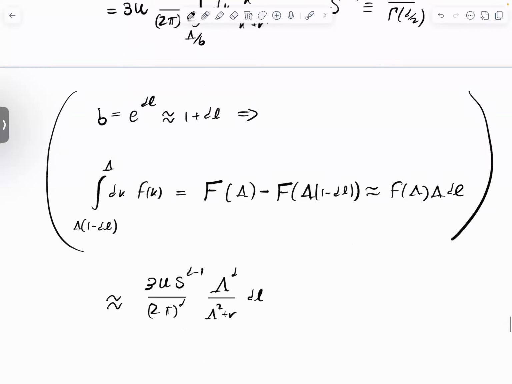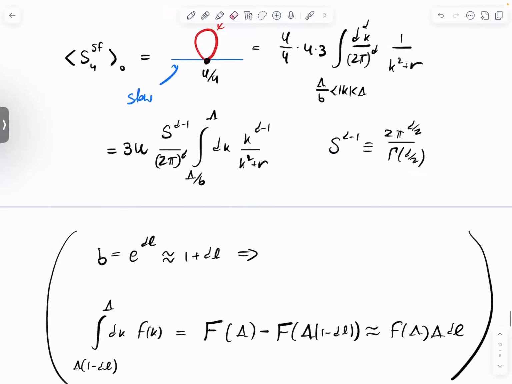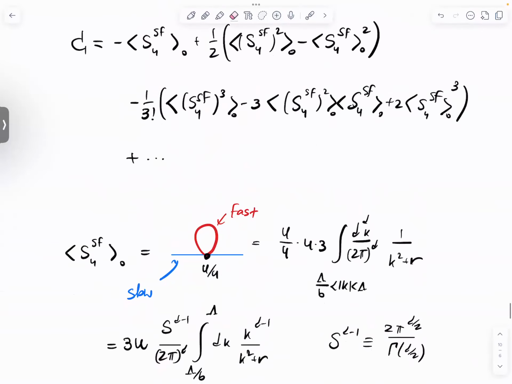Okay, so this implies that, and you see that this term basically has two slow modes, so it renormalizes the mass term.